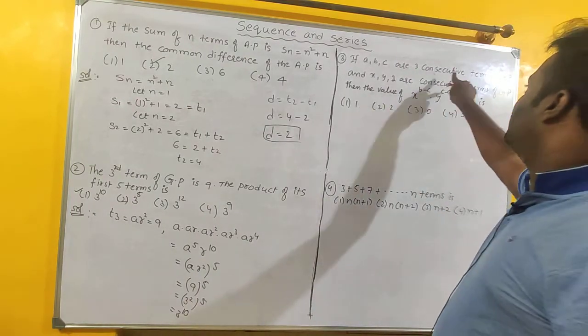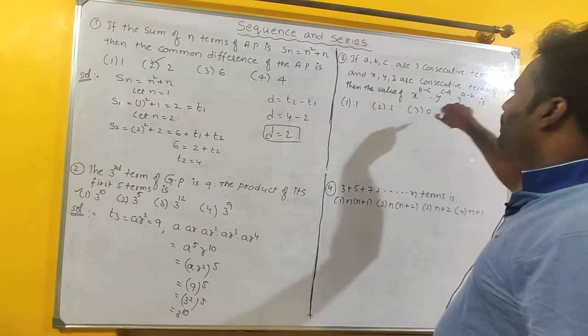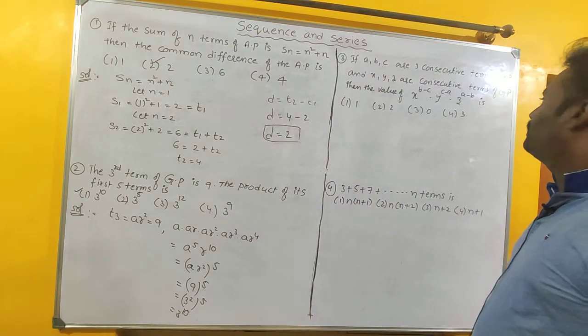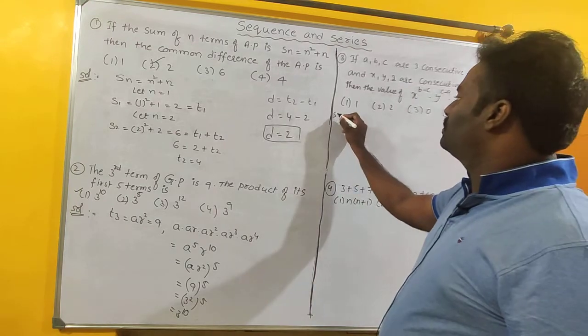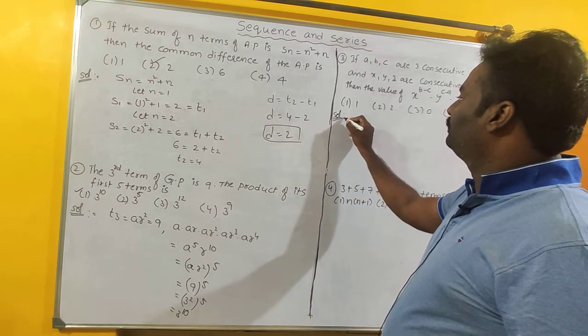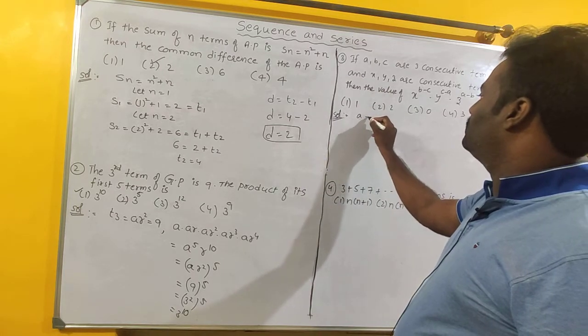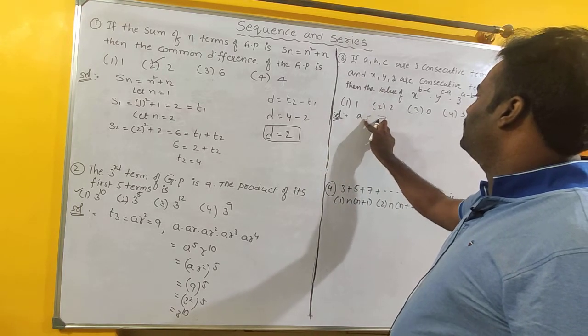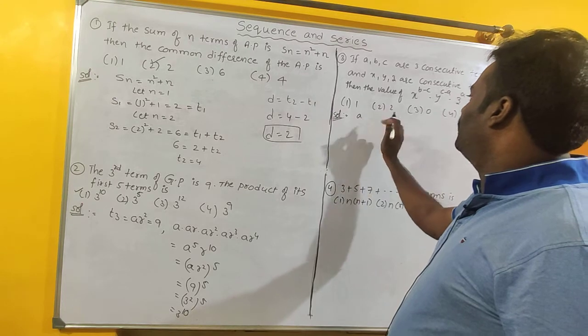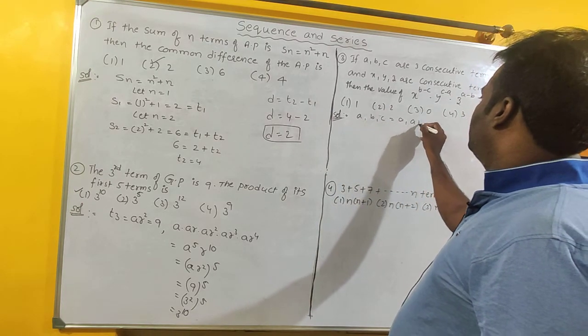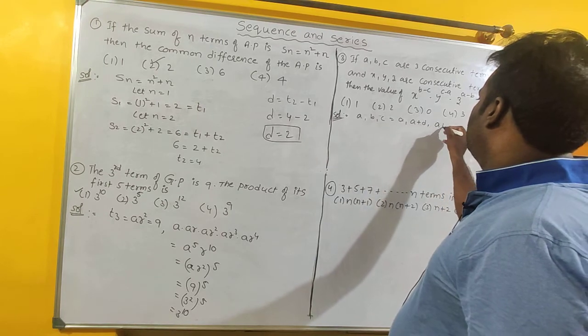If A, B, C are 3 consecutive terms of an AP and X, Y, Z are consecutive terms of a GP, solution. A, B, C are 3 consecutive terms of an AP, so I can write A, A plus D, A plus 2D.